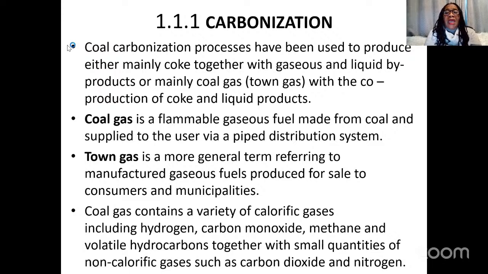So you will see how it is obtained. The carbonization process is used to produce coke together with some gaseous and liquid byproducts, mainly coal gas or town gas, with the co-production of coke and liquid products.